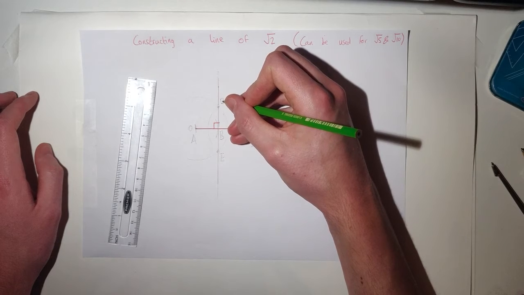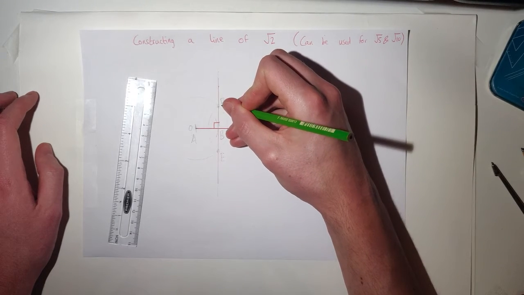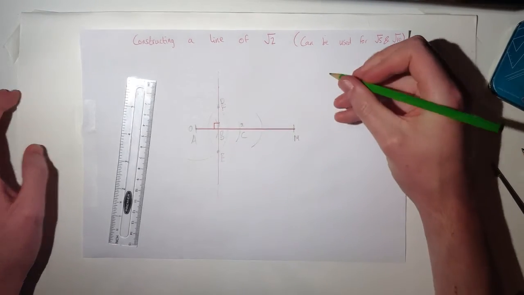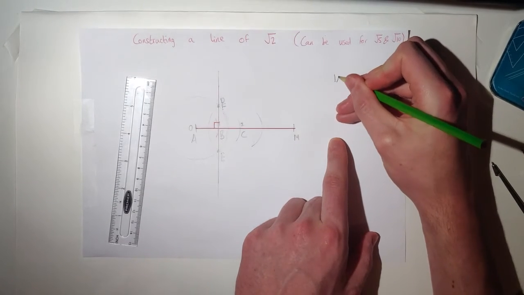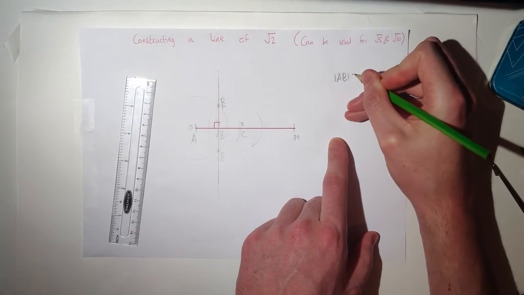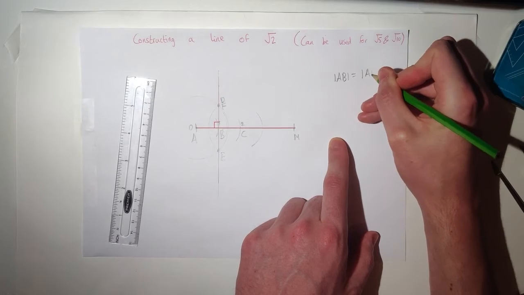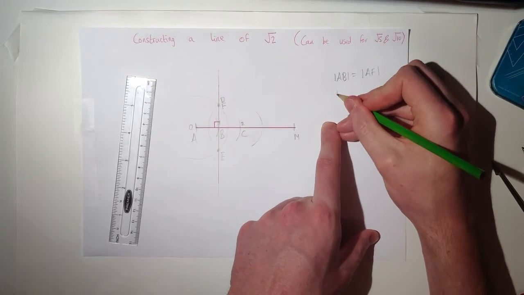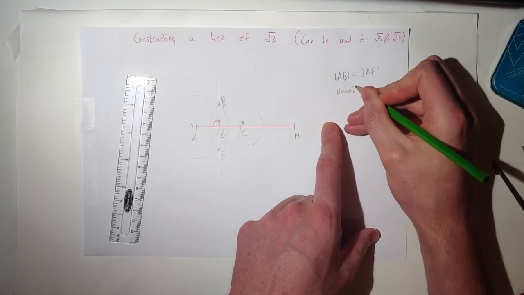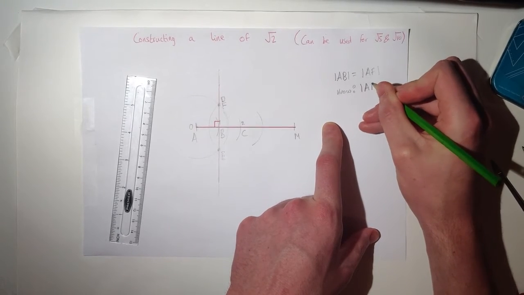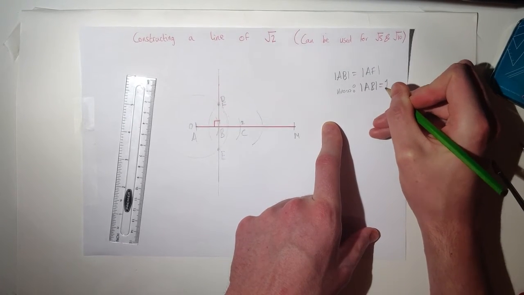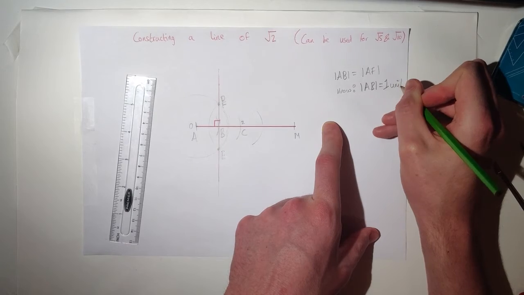So D is just the line, and F, so over here what I'm going to do is the length AB is equal to the length AF. And we know that the length AB is 1 unit, because we used our compass.